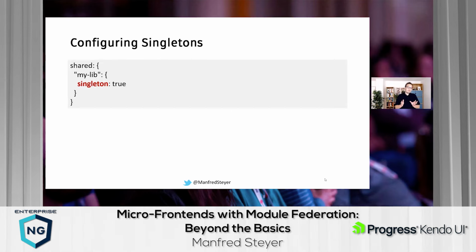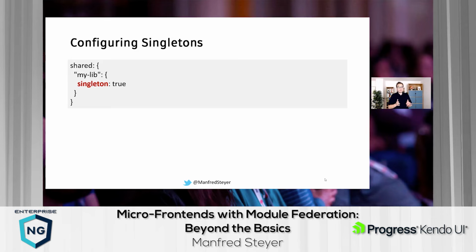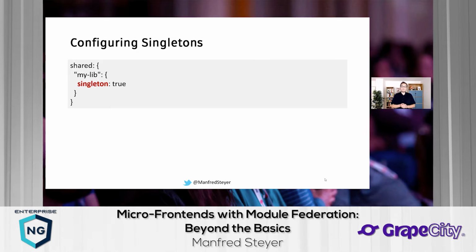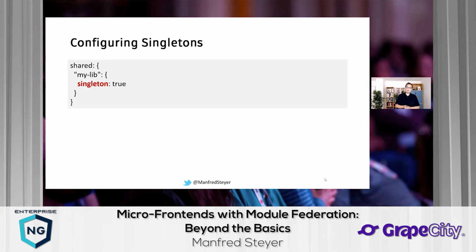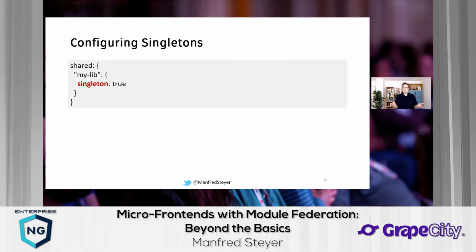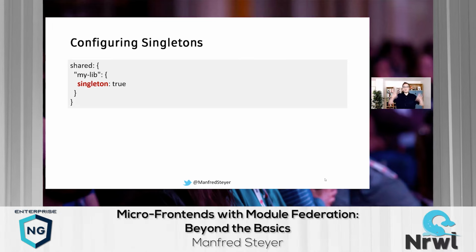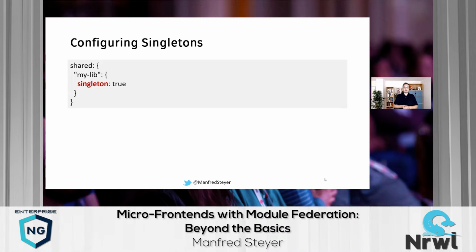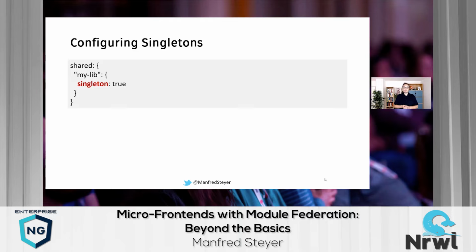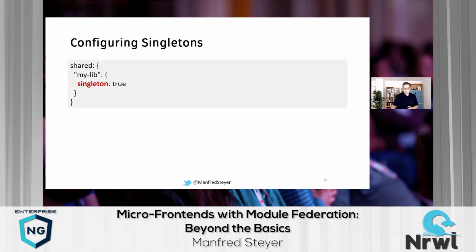You can even configure your shared libraries as singletons. You know, when you go with a singleton, you have the Highlander principle. Highlander principle means there can only be one. And this means there can only be one version at runtime of this very library. So let's assume there is a conflict.